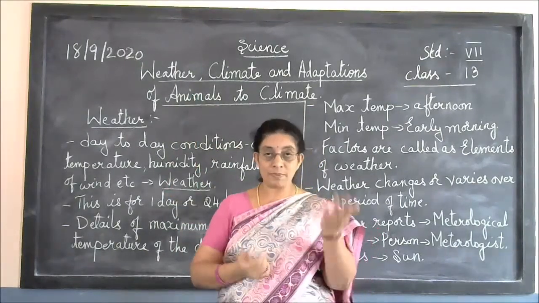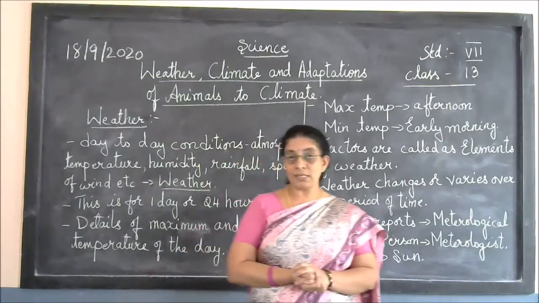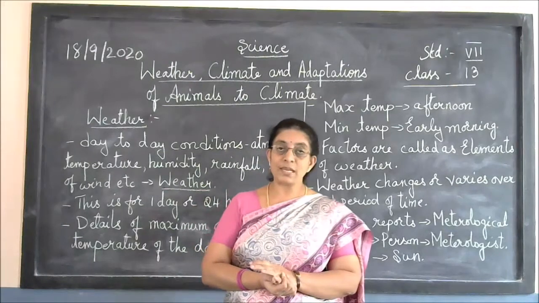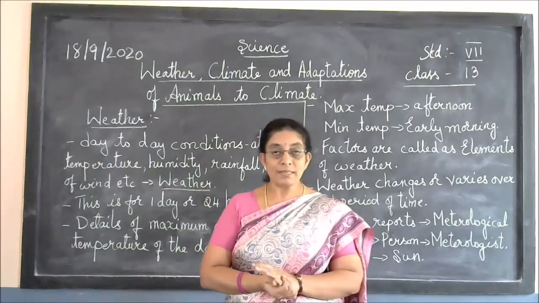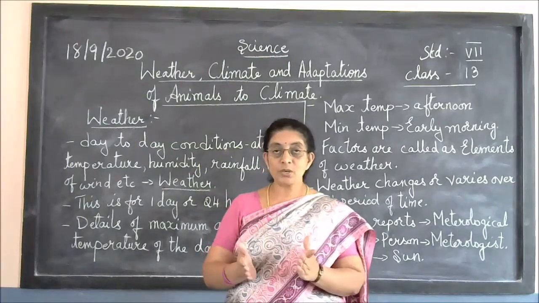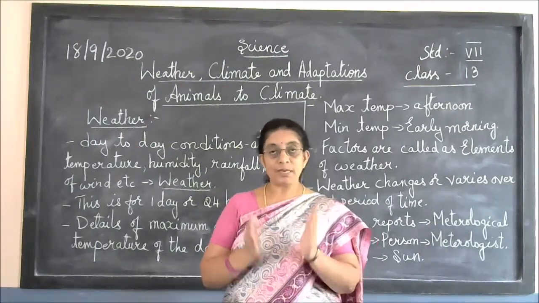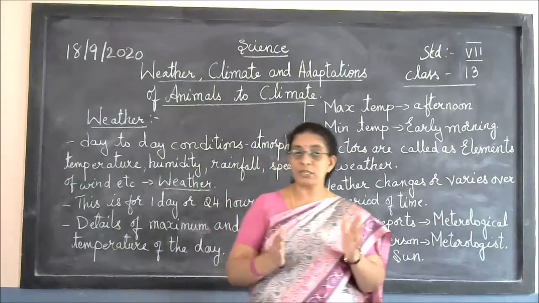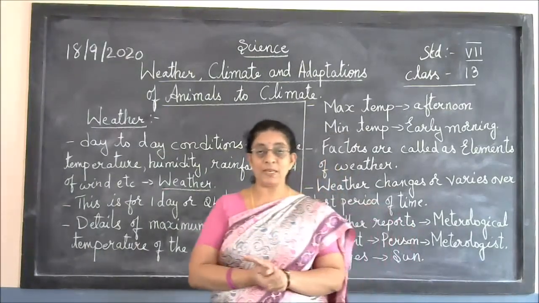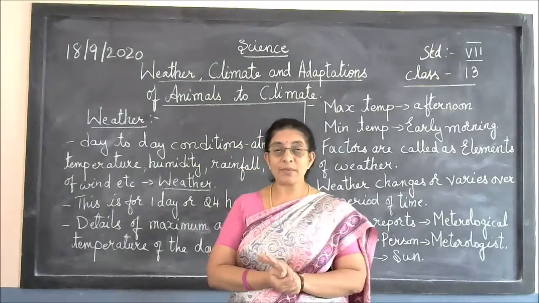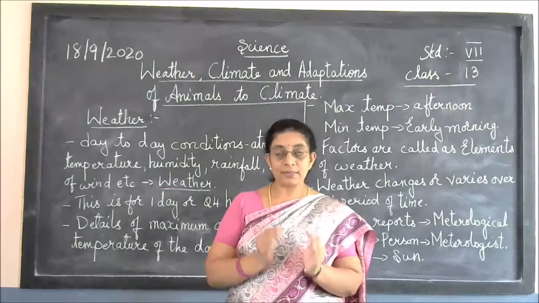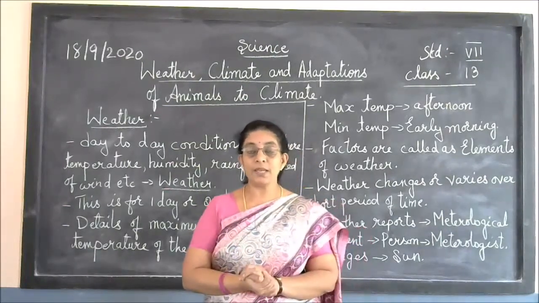Okay, and in your previous classes, you have learned that they use thermometers to measure the temperature. You have learned about two types of thermometer. So here also they use an instrument like a thermometer to measure the temperature of the day. This is done by a department called the meteorological department, and this is organized by the government.